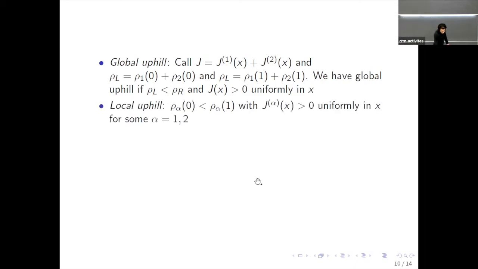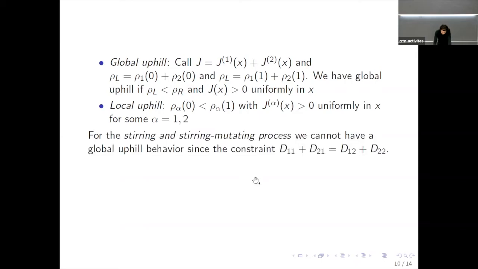And we can define a local uphill if it happens just for one of the two species, say for the species alpha. What is the result for the model we studied? For the strongly coupled case that is described by the stirring-mutating process, we cannot have a global uphill because of the constraint on the diffusivity constant.